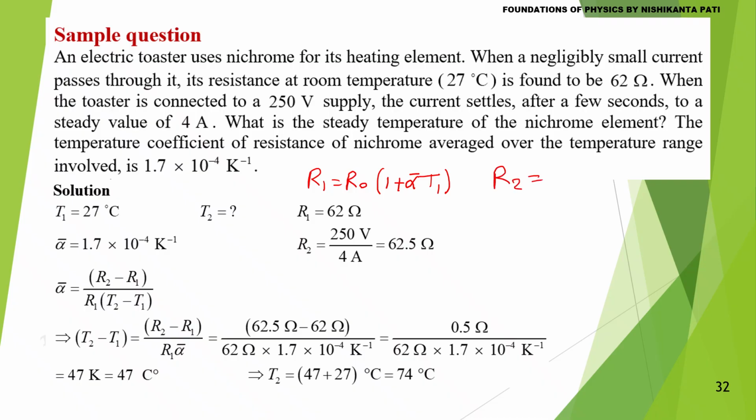R2 is R0 into 1 plus alpha T2. If we divide this equation by this equation, R0 will be cancelled out. Then we can solve for T2 putting T1 as 27, or we can solve for T1 putting T2 as 27 degrees Celsius.